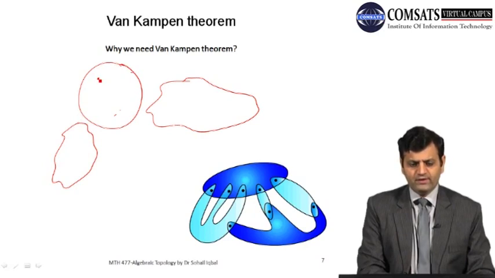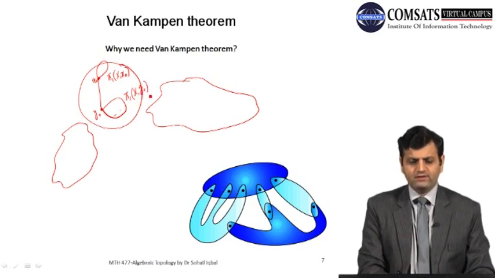As a matter of fact, if there is a path between any two points, then the group of homotopy classes of loops at one point, denoted by pi 1 of X, x naught, is isomorphic to the group of homotopy classes of loops at the other point, y naught.